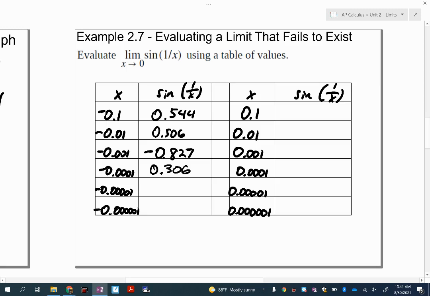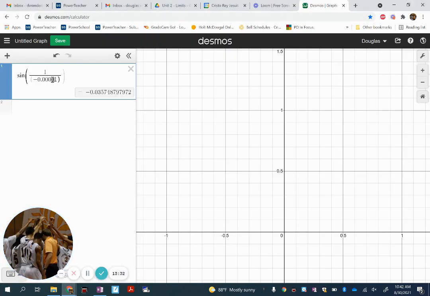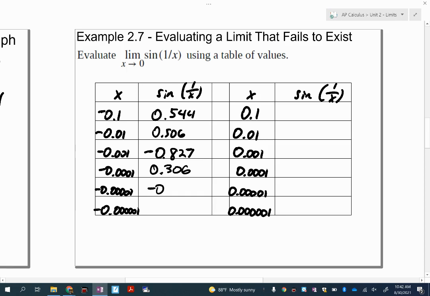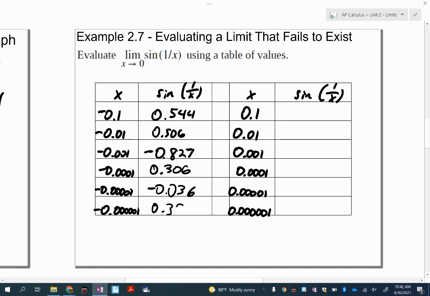I mean, we're going from positive y values to a negative y value. Let's keep going, almost there. Negative 0.036. Is that right? Yes. And then 0.350 at the end. So that really didn't help me. We were kind of all over the place.